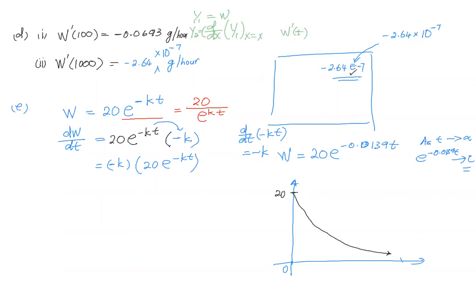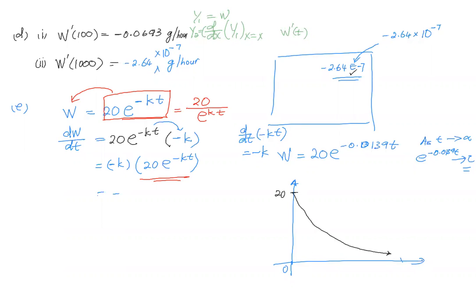Okay, if you look at this term, isn't it exactly the same as this? So can I replace this with W? That is what the question is trying to tell you.